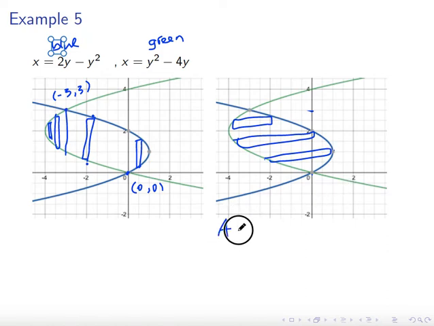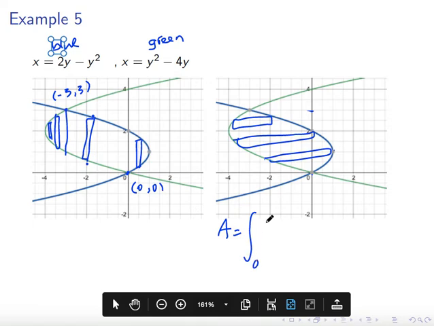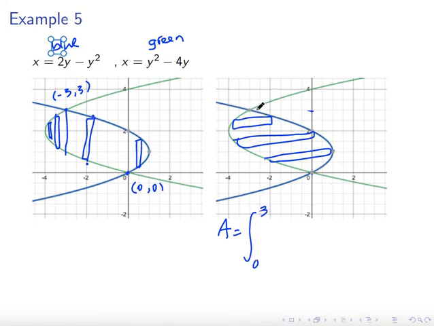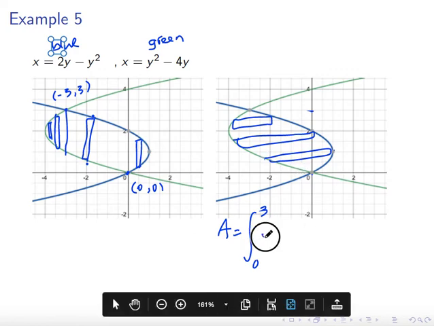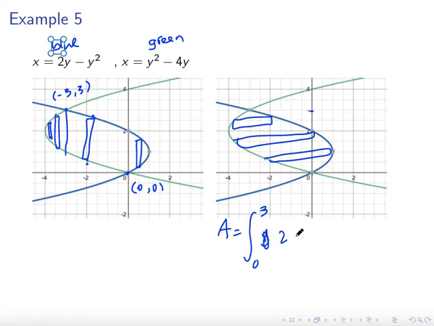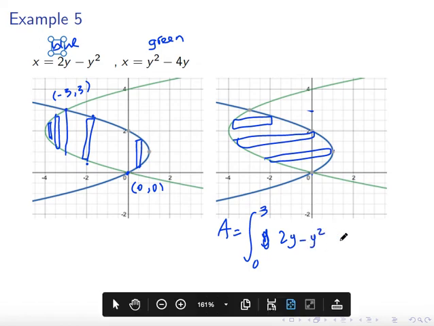So the area is going to be the integral from 0 to 3, and then I have the right curve, which is the blue one, which is 2y minus y squared, minus the one which is on the left, which is the green one.